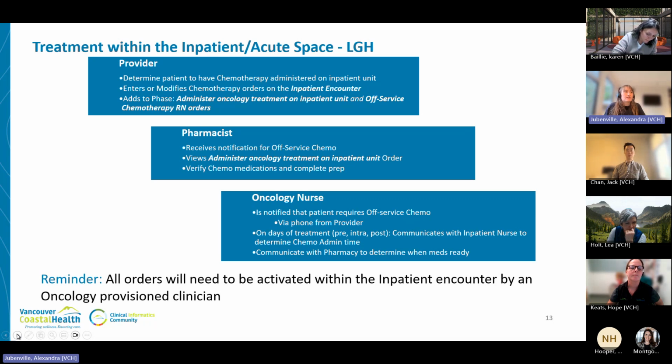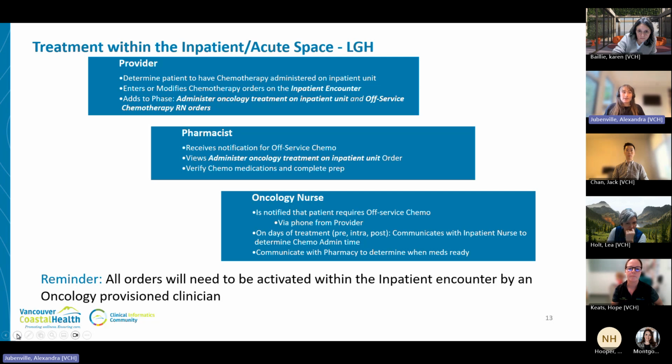This will trigger to the pharmacist that they see the notification of the off-service chemotherapy, and they see the order of administer oncology treatment on inpatient unit. They will then verify chemo medications and complete prep. Then the oncology nurse will be notified that the patient is requiring off-service chemotherapy, and this would be a phone call from the provider to let the nurse know.